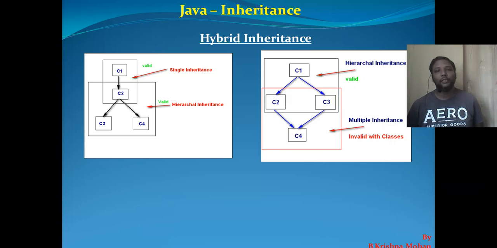So this is wrong, this is invalid. This is also called the diamond problem. Anyhow, multiple inheritance is not possible, so this whole relationship is not possible. It is like a diamond.